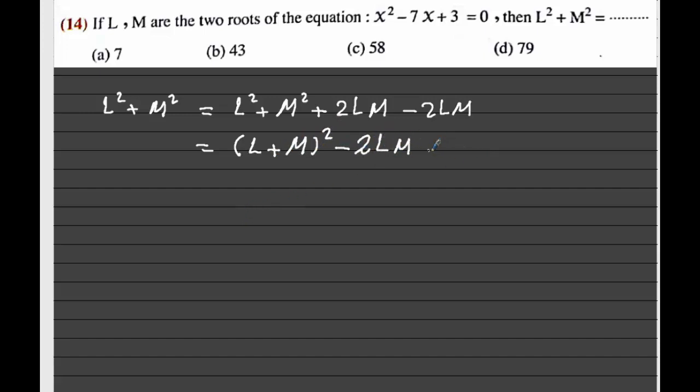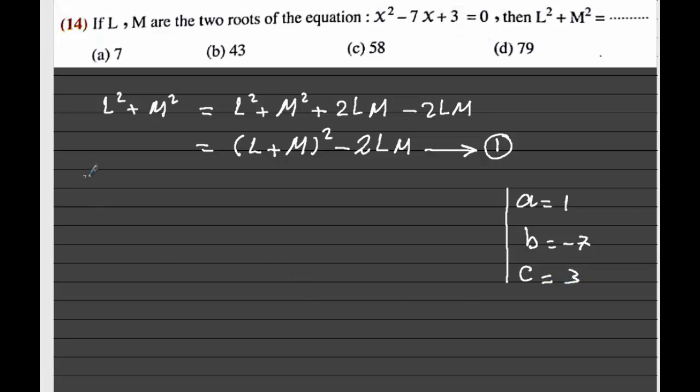Okay, this is equation 1. From the given equation we have x squared minus 7x plus 3, and A equals 1, B equals negative 7, C equals 3.